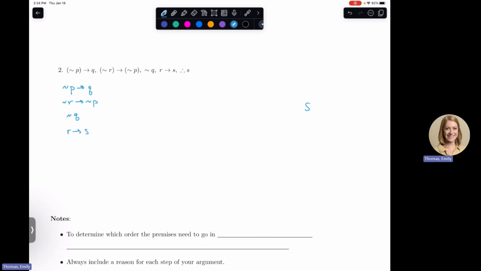Okay, so any way that you see to combine any of those two, basically we want to leave the R implies S alone, right? We want to save that till we're ready to use it so we can get to S. That's the only one that involves S. So we know that needs to go probably last, right? We need an R to happen somewhere so that we can use R implies S, right?